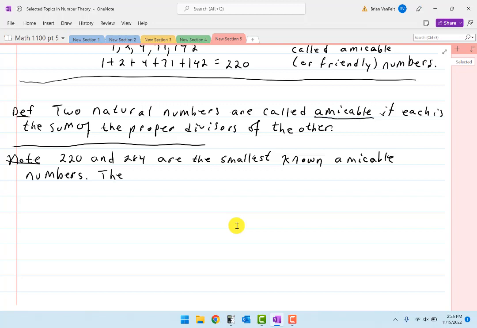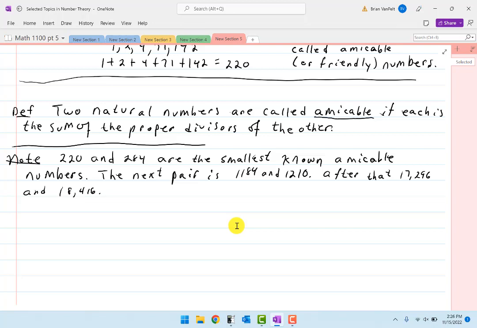The next pair is 1184 and 1210. After that, 17,296 and 18,416.